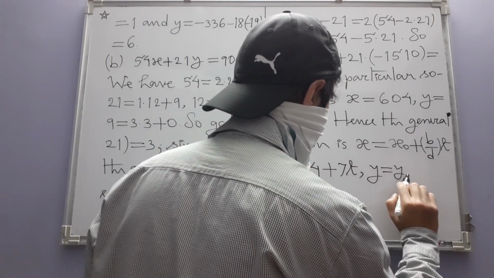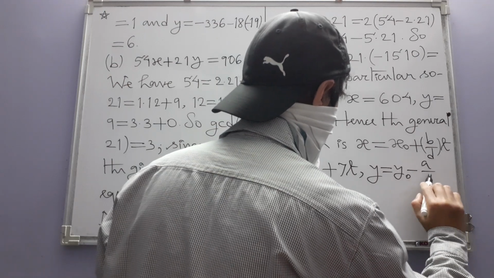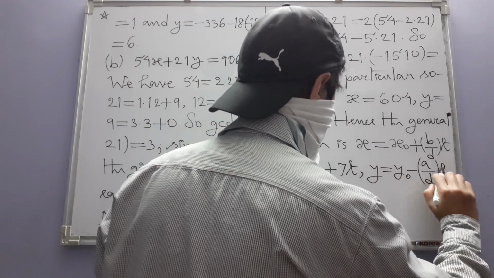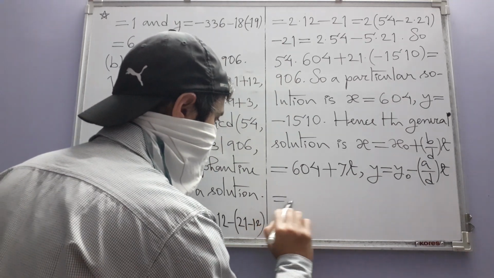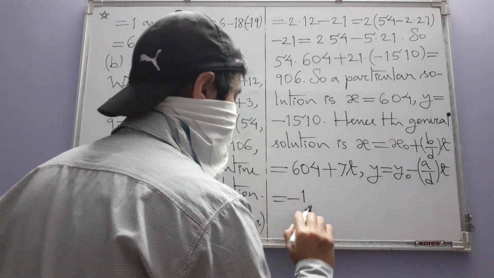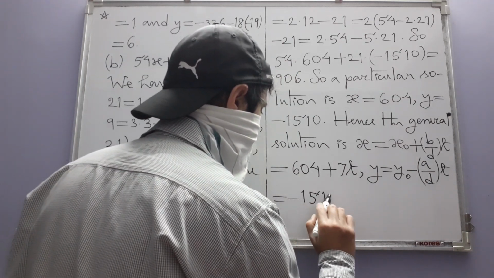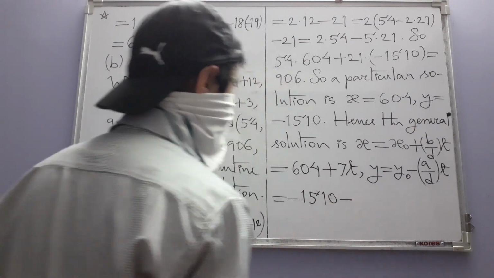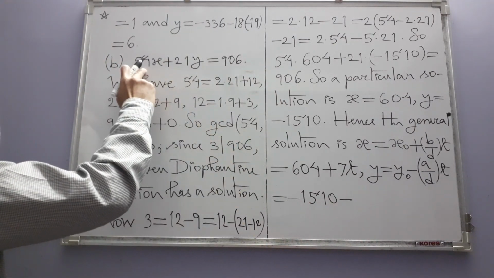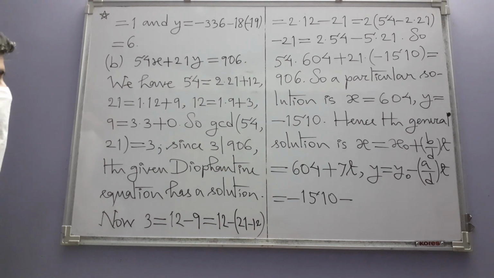And y is y naught minus a divided by d times t. Y naught is minus 1510 minus a is this divided by 3.